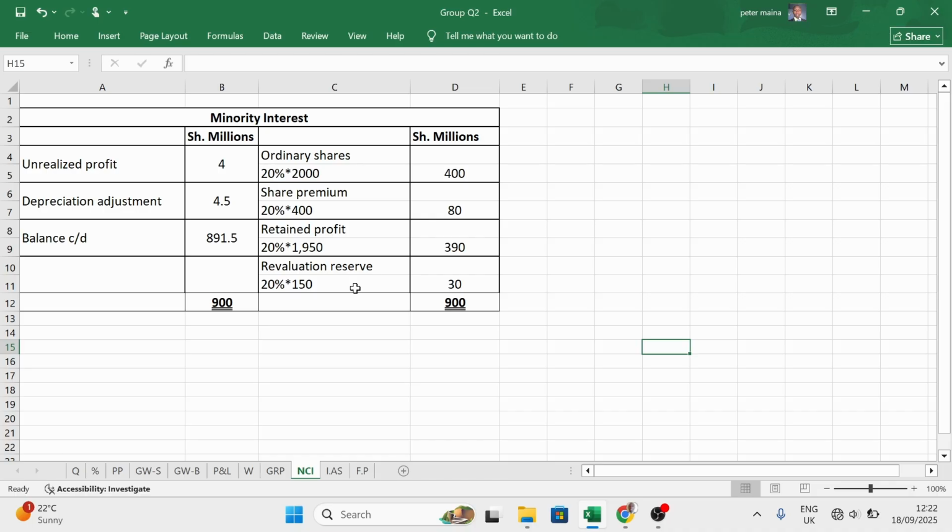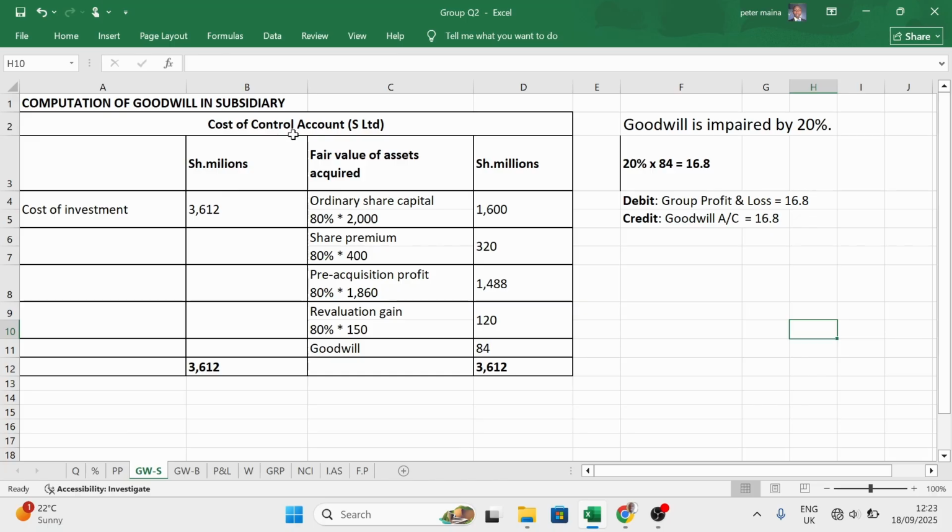In fact, when you look at all the items shown in the minority interest, these are the same items shown in the cost of control account, only that we took 80%. Everything we took 80%, and the profit was as at the date of acquisition.